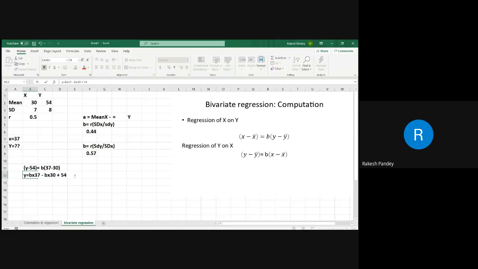And we have already computed b. B is 0.57.